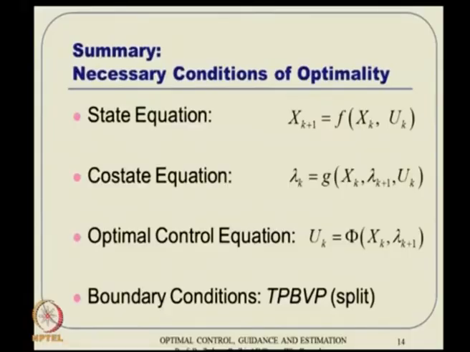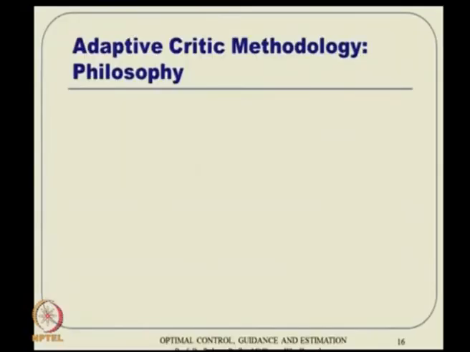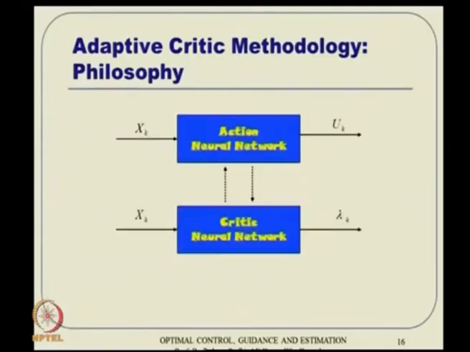Using this, we also talked about adaptive critic and single network adaptive critic designs, and how to make use of these approximate dynamic programming results. The philosophy was like this: we have two neural networks. One takes the input xk and gives the output uk. The other takes the input xk and gives the output lambda k.